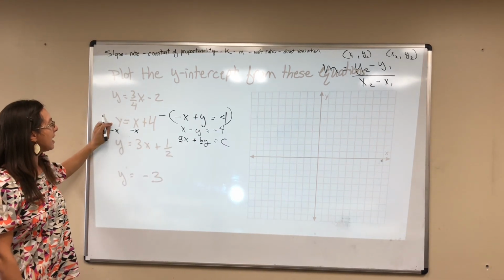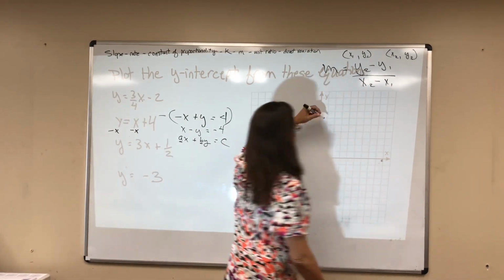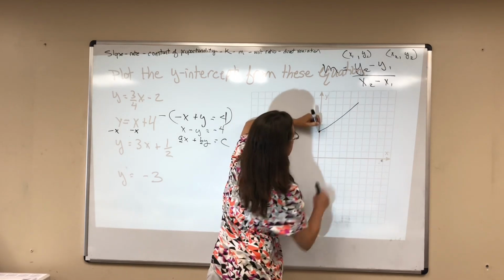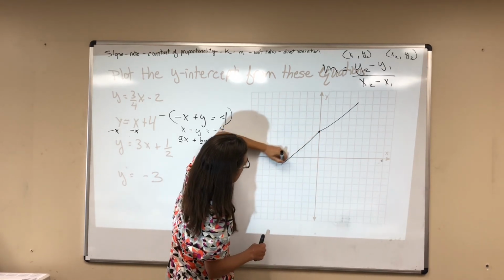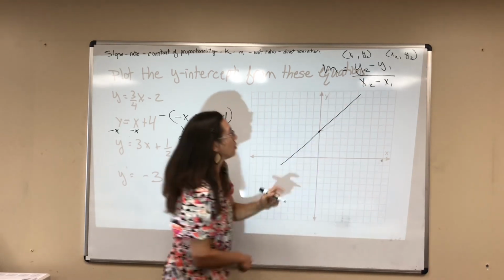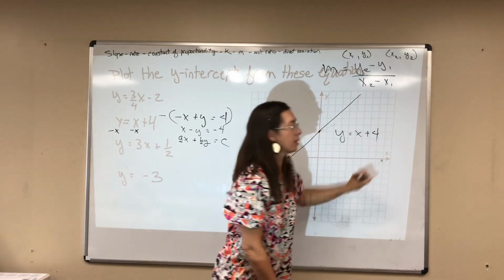So I could say that if I have this line, y equals x plus 4, we're going to do 4. I've got my parent function through there. I could call this line y equals x plus 4.